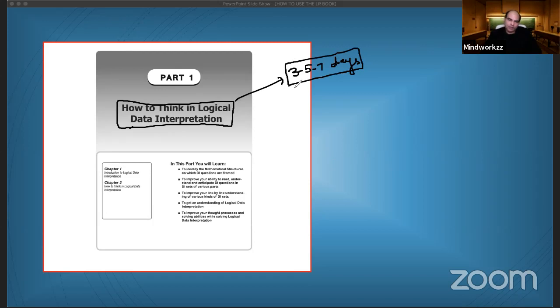And while doing this, every set that is given in this part is built around only one thing. The pedagogy of data interpretation is ultimately built around only one thing, and that is you pick up a question and you show how to solve it.